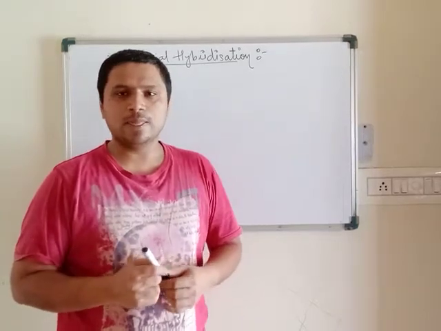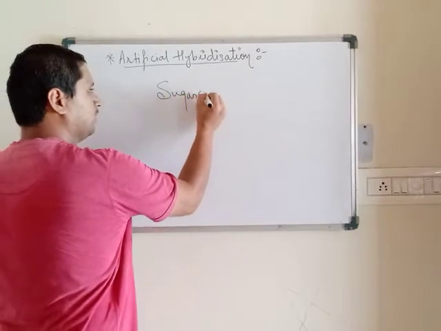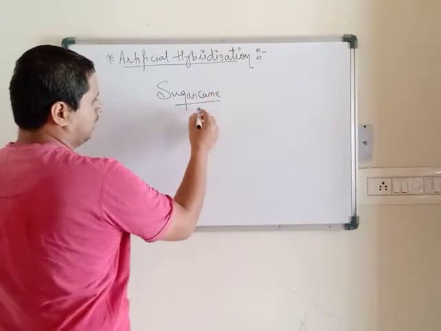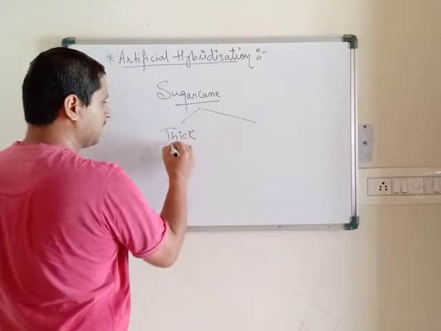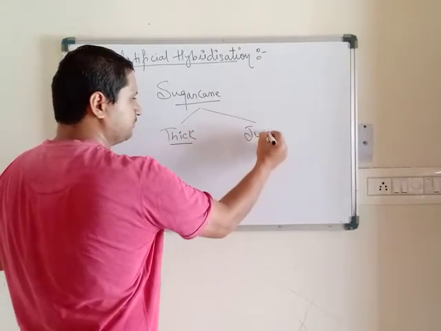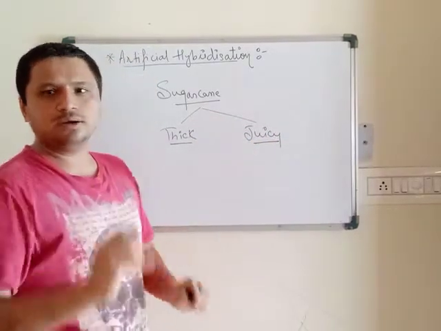For example, we can take sugar cane. Sugar cane has to have a thick stem and it has to be juicy. Now both the characters cannot be present in one sugar cane.